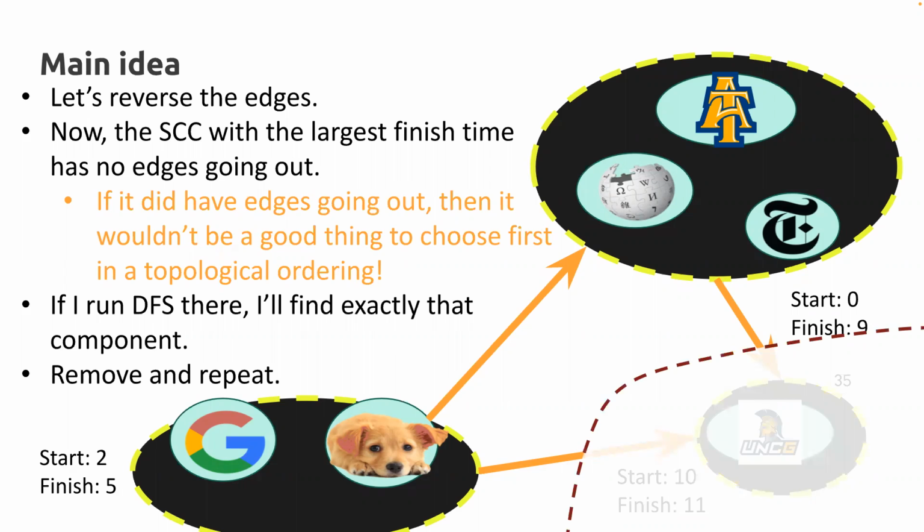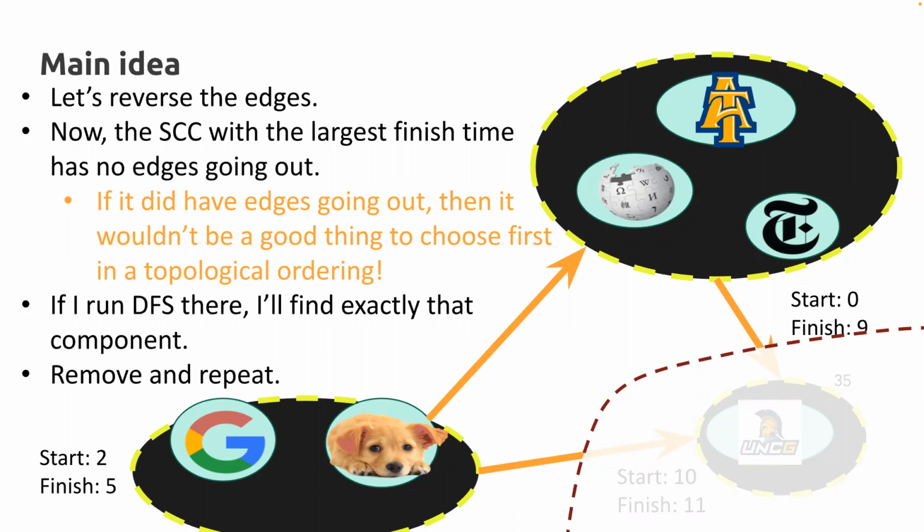Now, if we then run DFS on this part of the graph, what's going to happen? Which nodes am I going to visit? Exactly, that's the key.